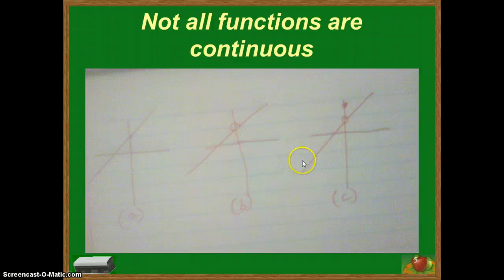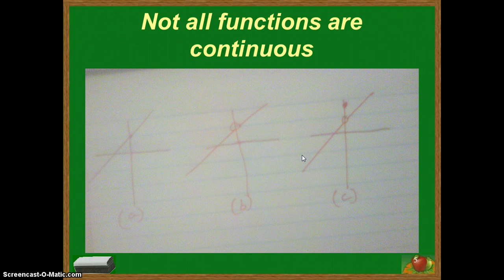And the third function, even though the function is defined, as indicated by this dot, and the limit does exist, we would say the function is discontinuous because the limit, although it exists, does not equal the function value.